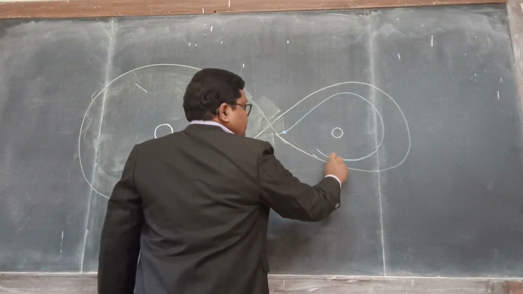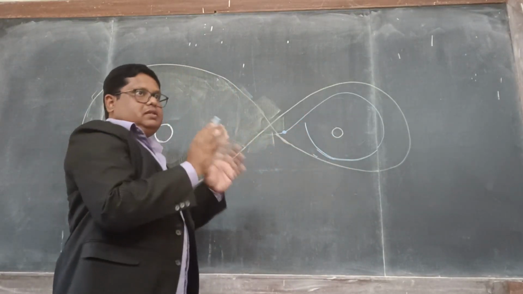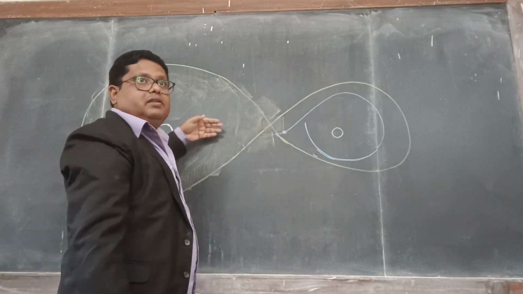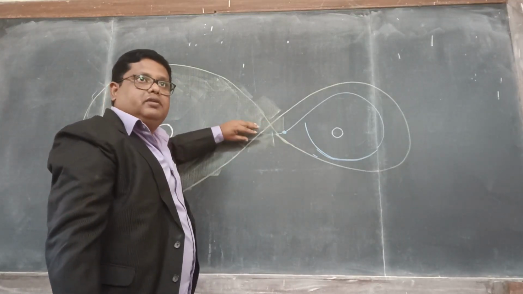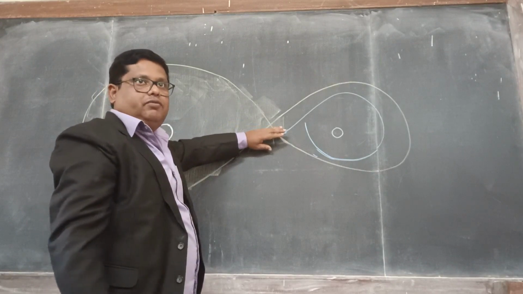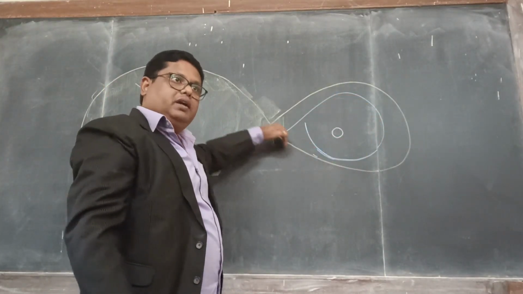Now, in the first orbit, I am just considering a single mass, but in reality, a large number of gas particles, molecules, atoms, they have escaped the field. So there is a continuous flow of particles.